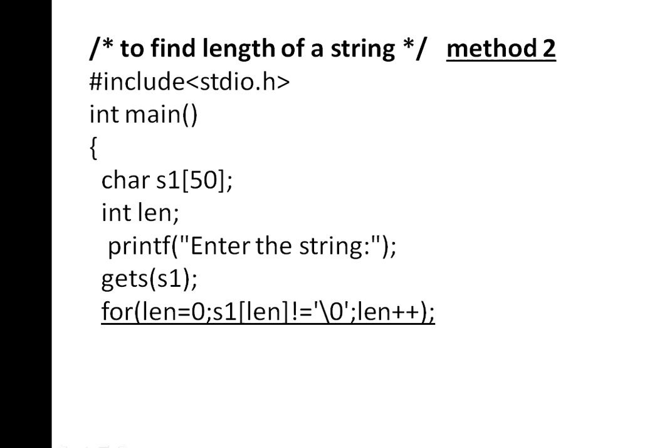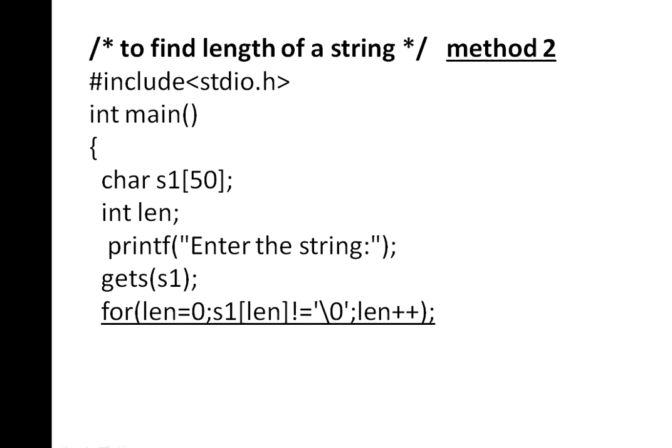Instead of i, I am using a variable called len, so don't get confused, or you can go with i itself. You keep looping until you reach slash 0: len equal to 0, if s1 of len is not equal to 0, then you go to the next iteration, len plus plus. When you reach slash 0, you exit the loop. Since we use a semicolon here, it takes the last condition alone.